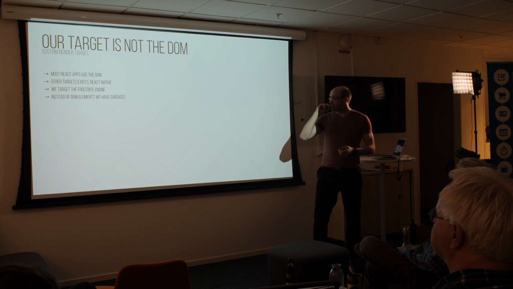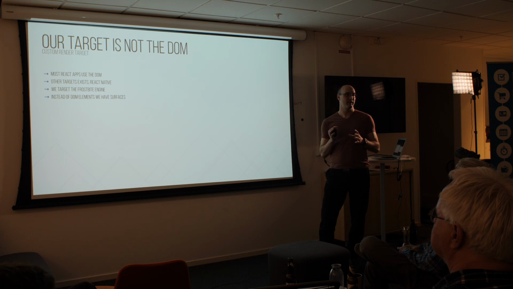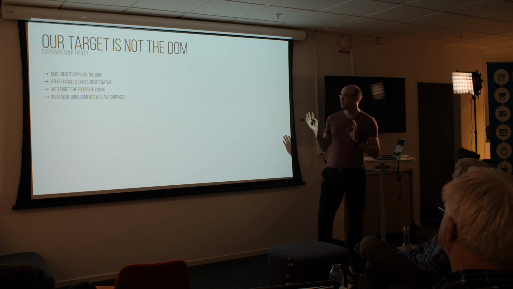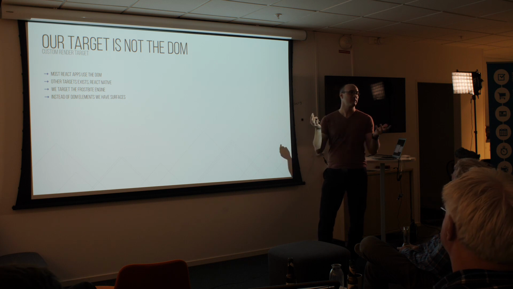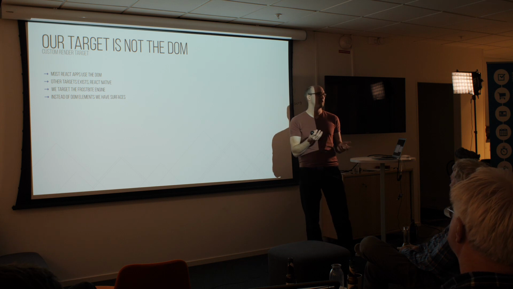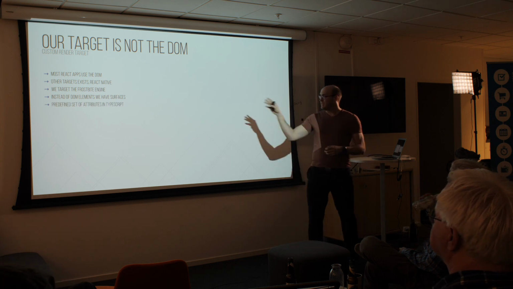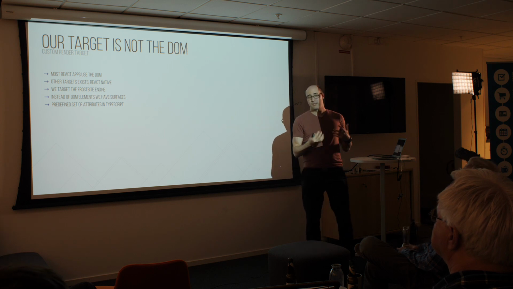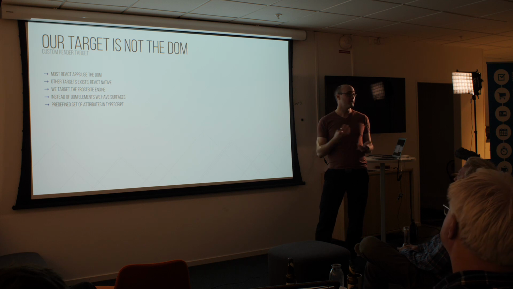So instead of generating DOM elements, we generate an intermediate representation that we refer to as surfaces. And a surface can be anything. Think of it as a div instead. That is probably the best example that I have. These surfaces have, just like a DOM element or a div element, a predefined set of attributes that it can specify.